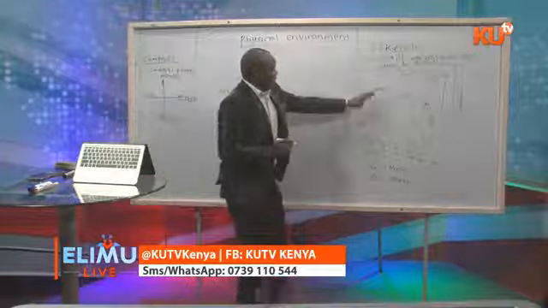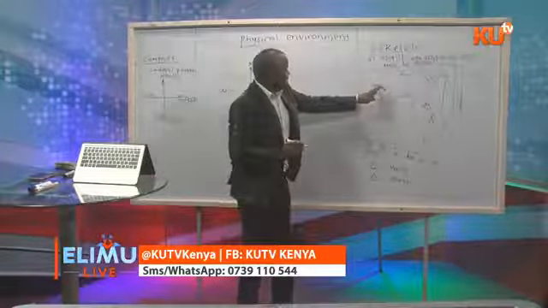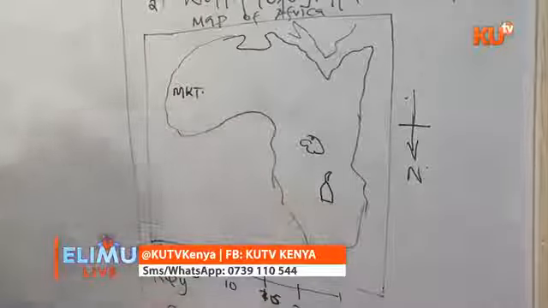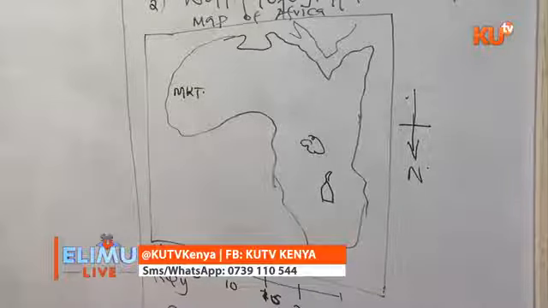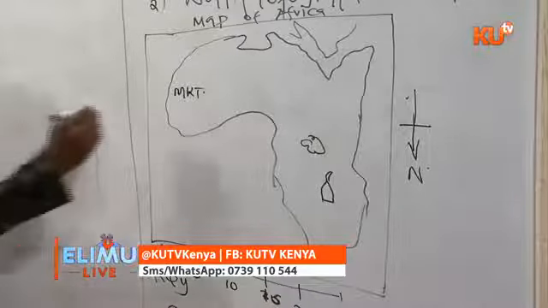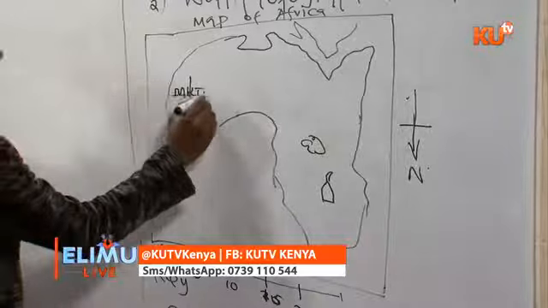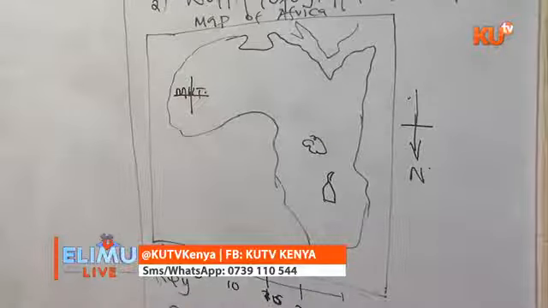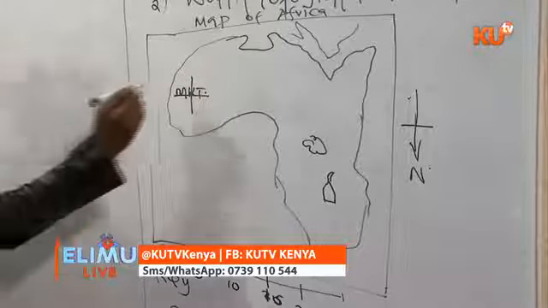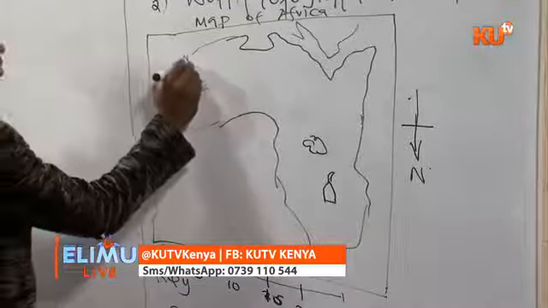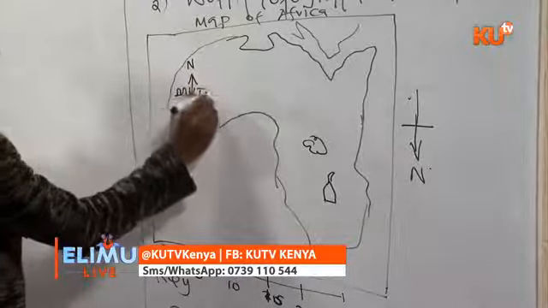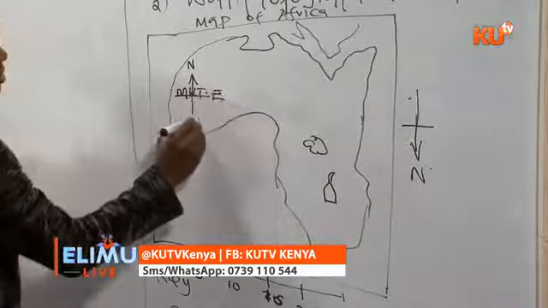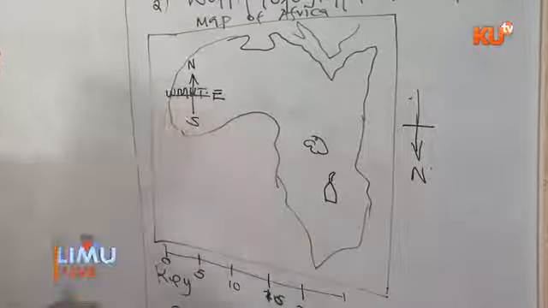Now, somebody is at the market but wants to locate where the mosque is. So you are going to stand at the market. You draw your compass at the market. Once you have drawn your compass at the market, indicate the points. Arrow points to the north, east, south, west.